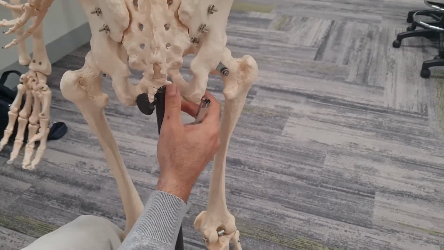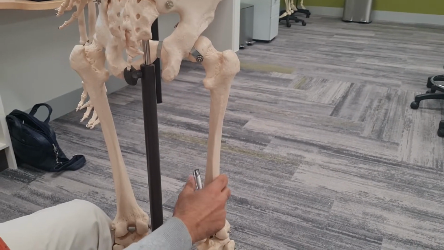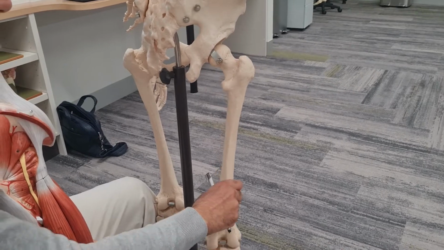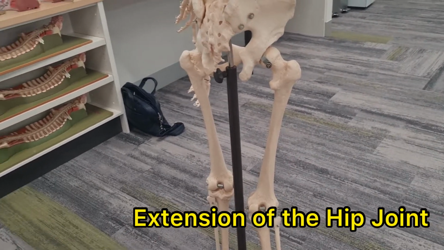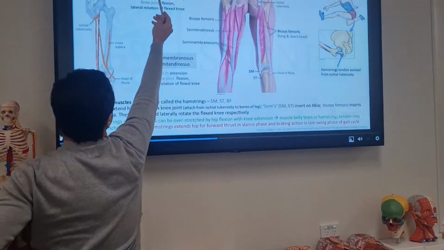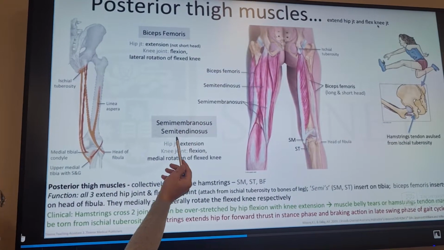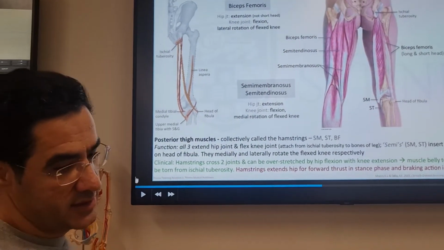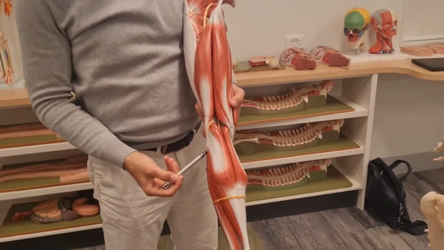They are coming from the ischial tuberosity, so they are crossing the hip joint posteriorly. So they can do extension of the hip joint, like this. Extension of the hip joint. All biceps femoris, semitendinosus, and semimembranosus extend the hip joint because they are crossing the hip joint posteriorly. But they also cross the knee joint inferiorly.